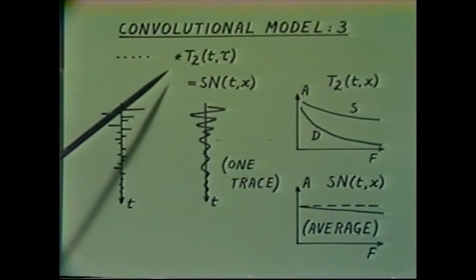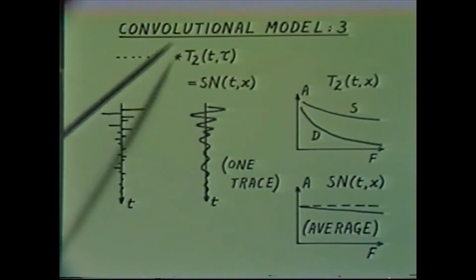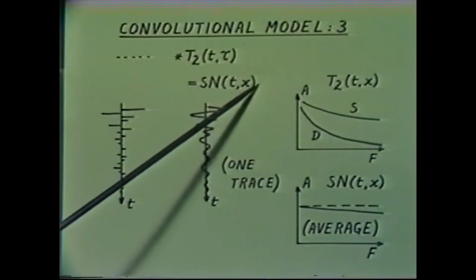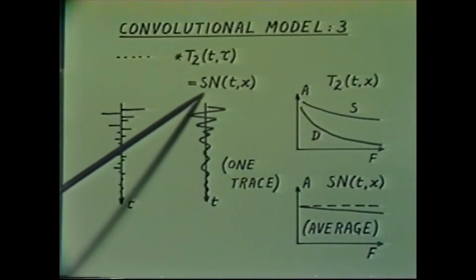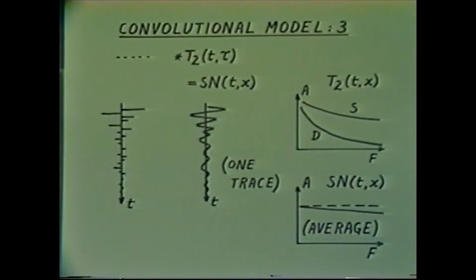Well, this then completes the terms which are convolved together to give what I've called the synthetic record, the sort of record that we're trying to find after we've deconvolved or designatured the field record.